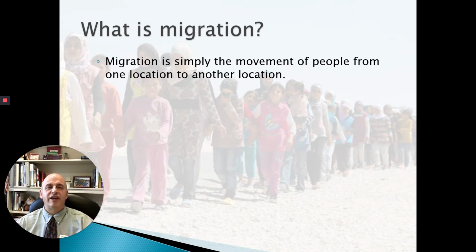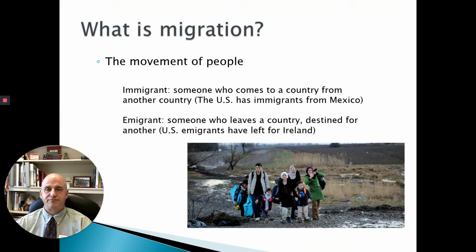And we often think of migration of people as having to come from one country to another country, but it could even be within a country. Movement from one city to another city is also called migration. And you may have had some personal experience with that.